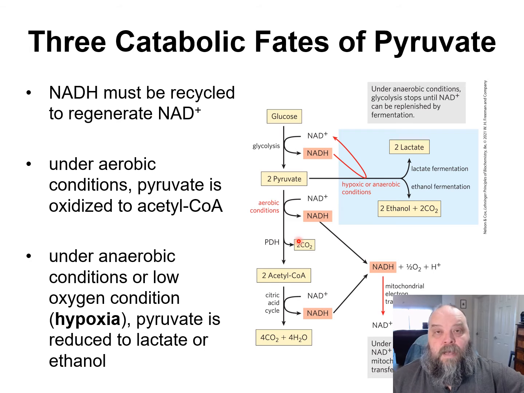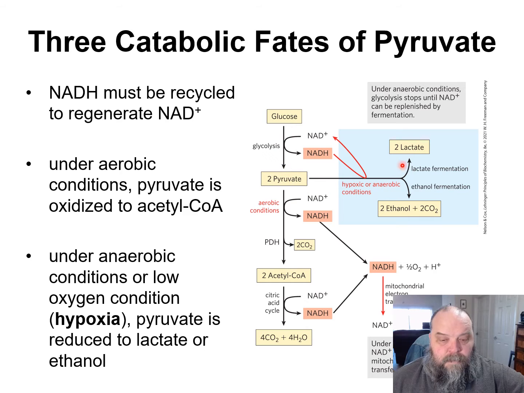Here's part of why you have to breathe out, releasing this carbon dioxide. The acetyl-CoA, through the citric acid cycle, these 2 carbons here will ultimately be consumed and released as carbon dioxide, and more NADs will be reduced to NADH. All those NADHs go to the mitochondria, electron transfer, oxidative phosphorylation, and the like.